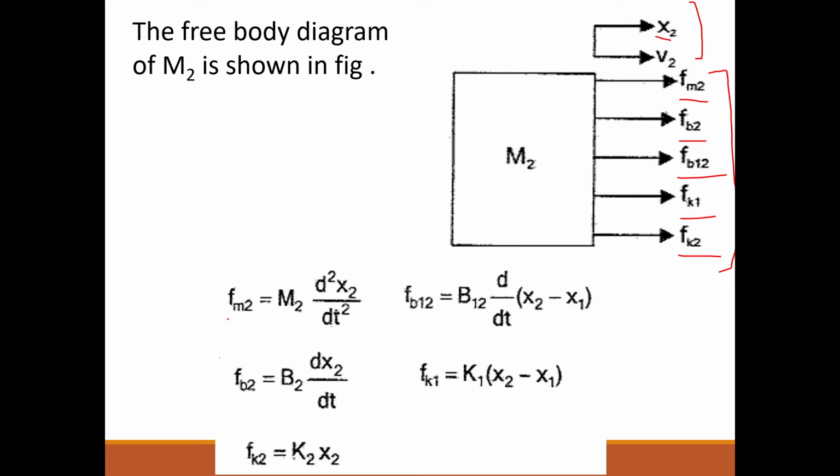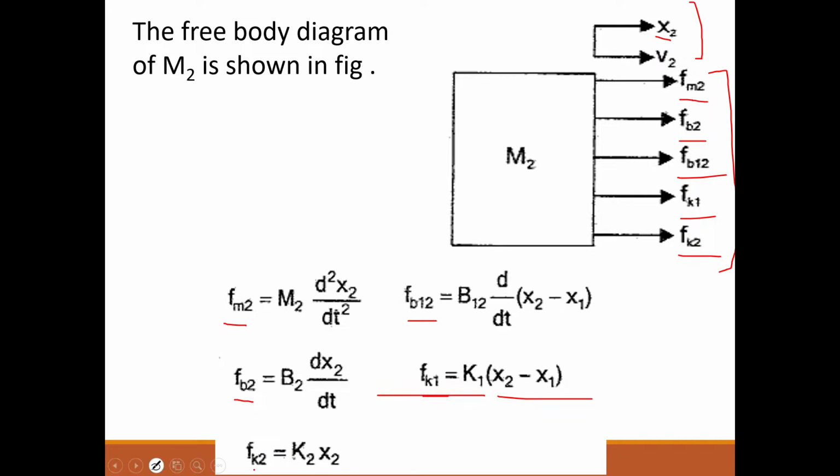So what are the opposing forces? Fm2 is equal to m2 into d square x2 by dt square. Fb12 is b12 into d by dt of x2 minus x1, because b12 is between mass 2 and mass 1. Fb2 is b2 into dx2 by dt. Fk1 is between mass 1 and mass 2, therefore k1 into x2 minus x1.